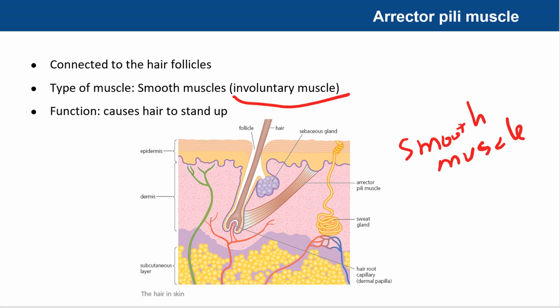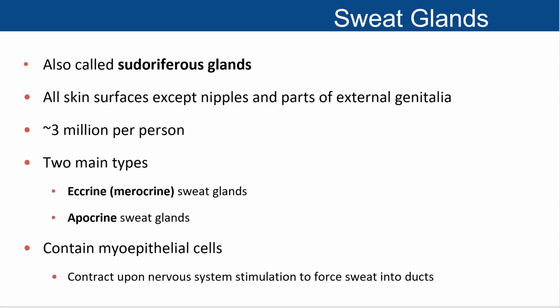Contraction of these muscles, stimulated by our sympathetic system, causes the hairs to stand on end, known as goosebumps. The most obvious time we experience goosebumps is when we're cold or when we have an intense emotional response to something.